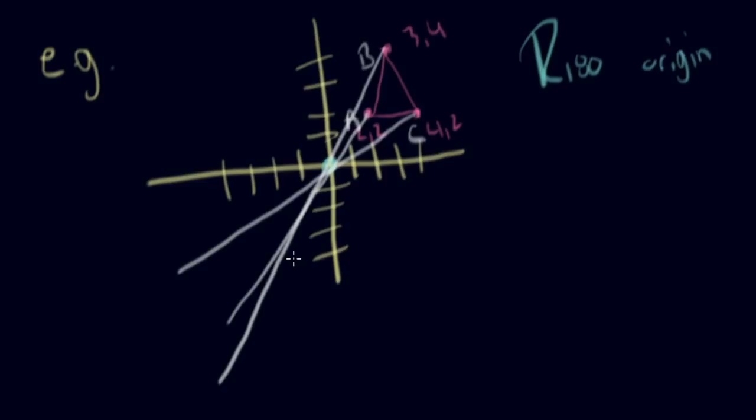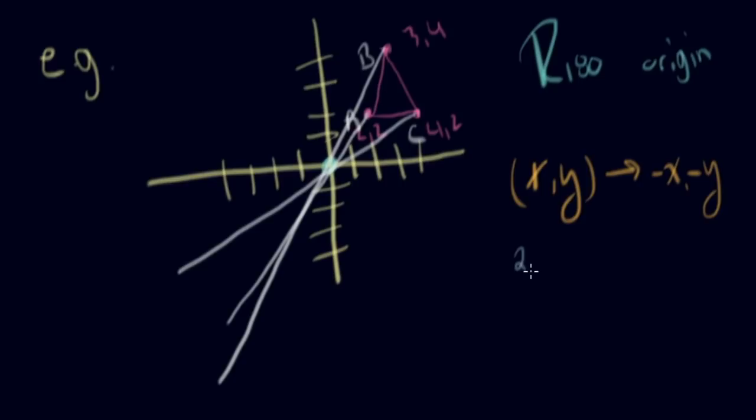We can do that if we wanted to, but most students like the rule, and the rule for x and y is that it basically becomes negative x, negative y. So all you're doing is changing the signs. So what is A prime going to look like?